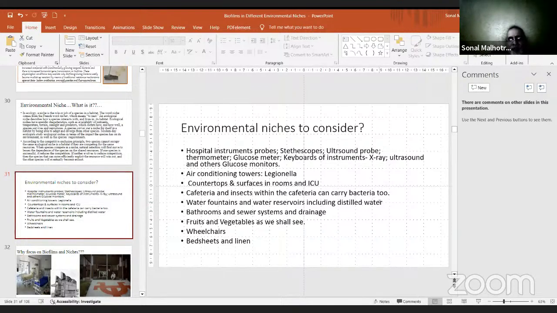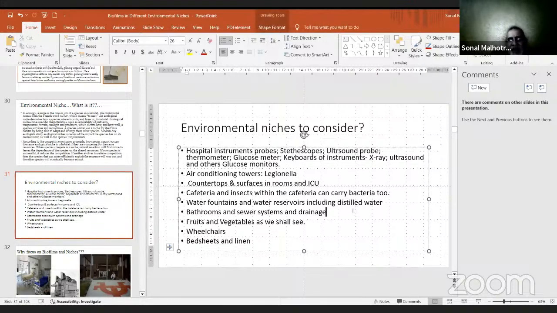One of the things not pointed out here are solutions such as salines and other solutions and medicines used for people. They can frequently be infected with bacteria, and those bacteria sit latent there unless they are then put into somebody, and things like that happen. Bathrooms, sewer systems and drainage, fruits and vegetables, as we shall see. Wheelchairs, which is a very interesting concept.